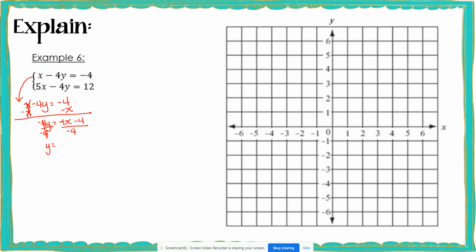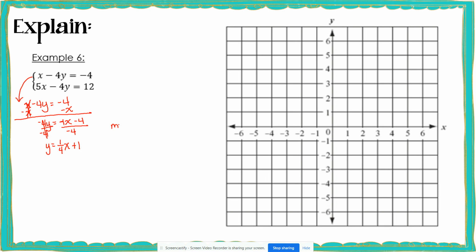Well, I can do -1 over -4. Well, a negative divided by a negative is a positive. So instead of changing that to a decimal, I can just change it to a positive 1/4 x. Then I have -4 divided by -4. Well, again, negative divided by a negative is a positive, so that's a positive 1. So I would write +1.